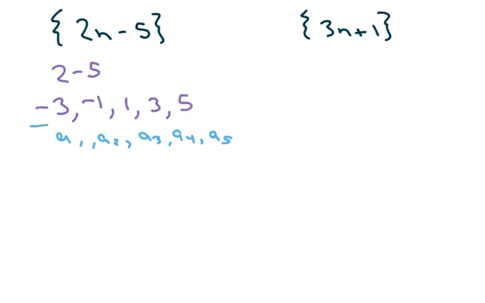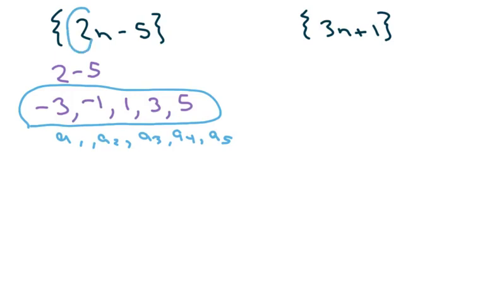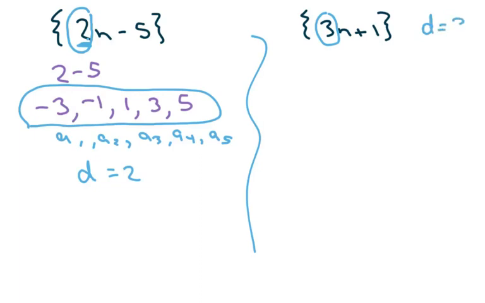Now, if you want to know how fast I did this, I did the first one, and I looked at this. This is linear, right? My common difference is this, 2. That's the slope of this linear line. What's going to be your common difference for this one? Common difference is going to be 3.